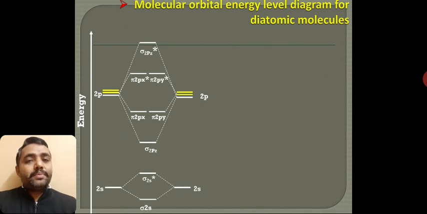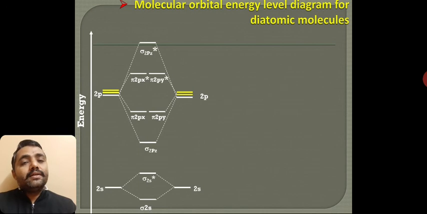A pz orbital overlapping with pz forms sigma 2pz and sigma star 2pz. Sigma 2pz is a bonding molecular orbital, sigma star 2pz is an antibonding molecular orbital. Px and py overlapping with px and py form pi 2px and pi 2py as bonding molecular orbitals, and out of phase or negative overlap forms pi star 2px and pi star 2py.